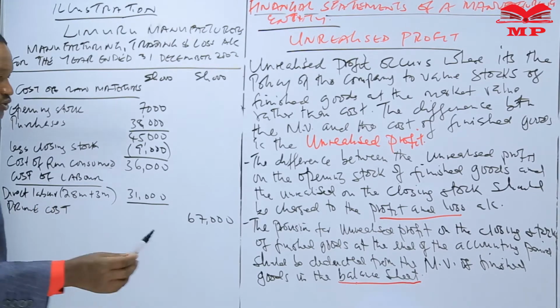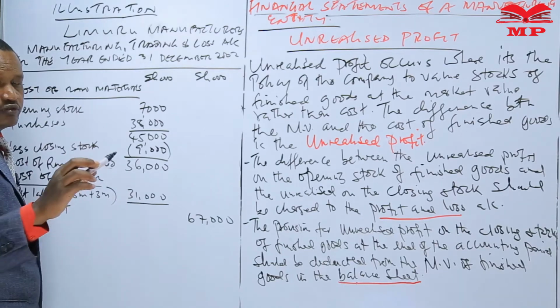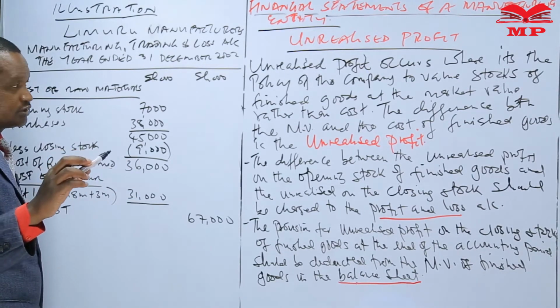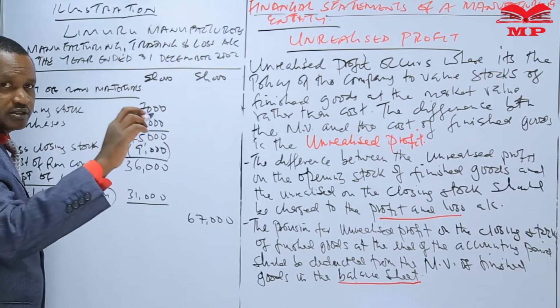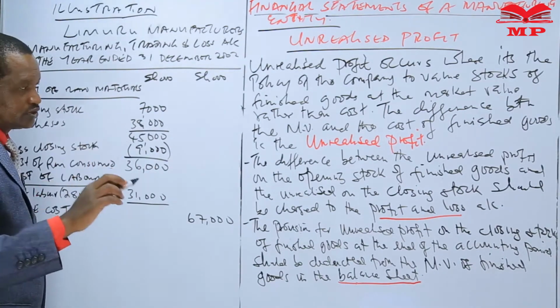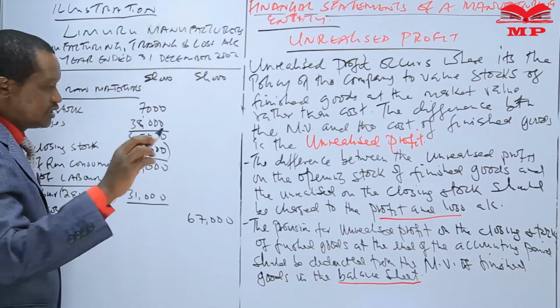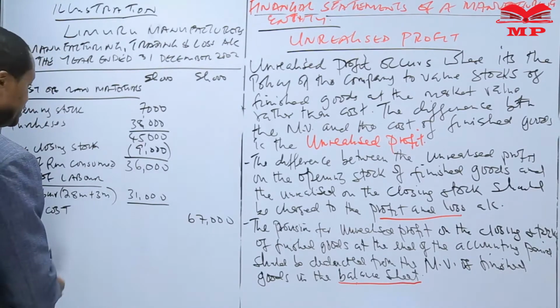Prime cost is equal to cost of raw materials plus cost of direct labor plus cost of direct expenses. Direct material, direct labor, direct expenses will give you the prime cost.